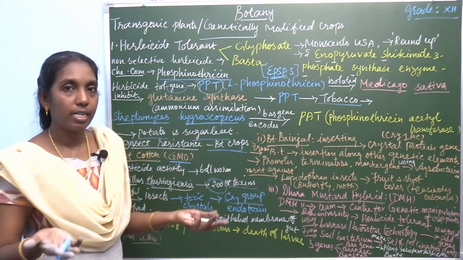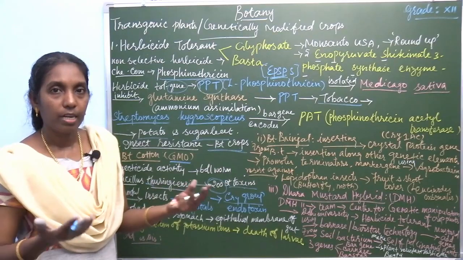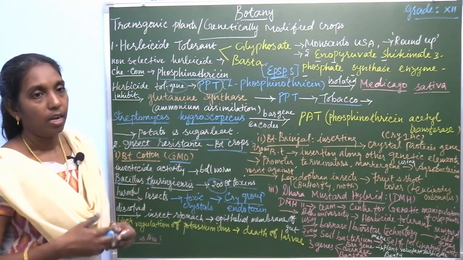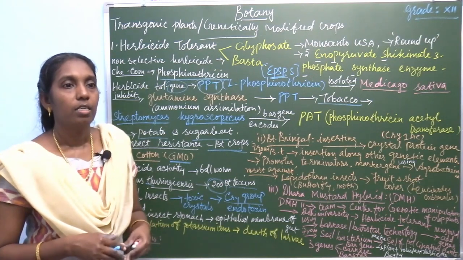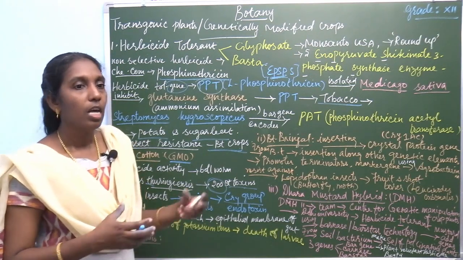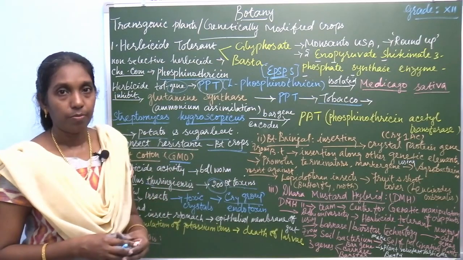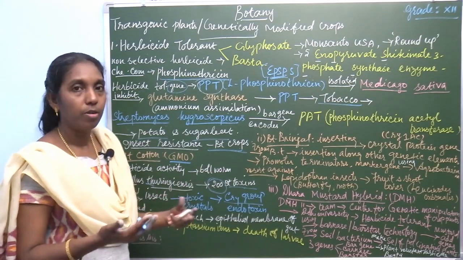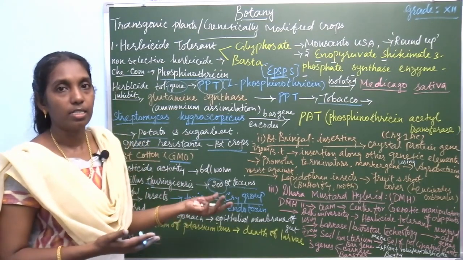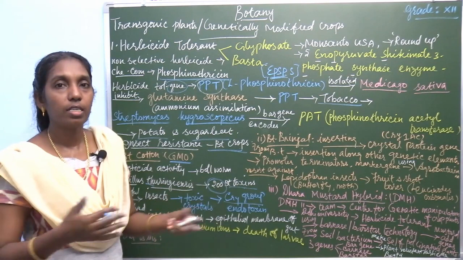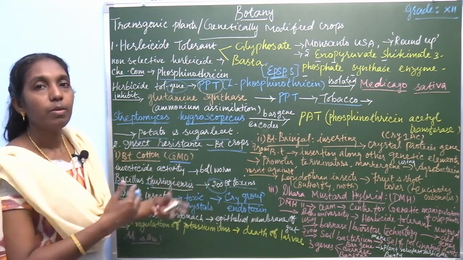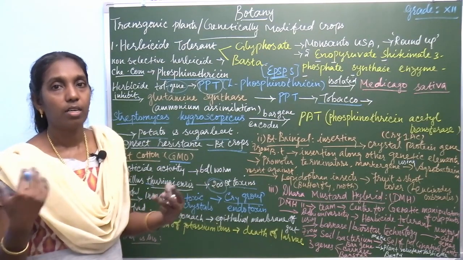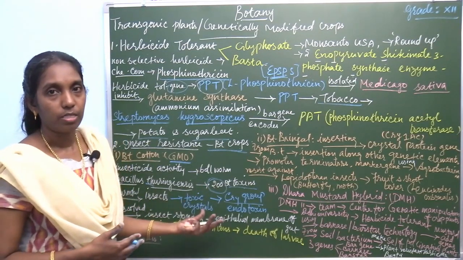When the plants are modified as transgenic, there is no need of using insecticides. So that is another advantage. And reduction of the cost of cultivation also. Otherwise we have to spend some amount on spraying insecticides, pesticides for each and every insect. But when the plants are transgenic, there is no need of using extra amounts.